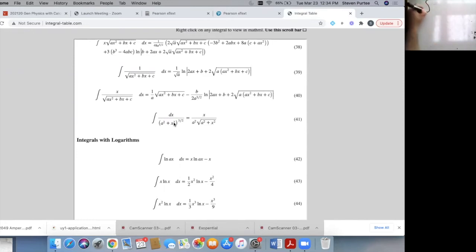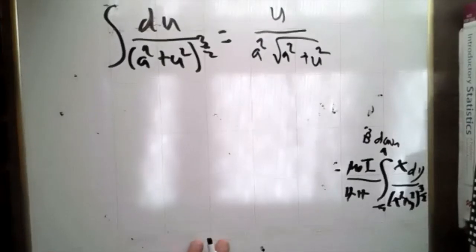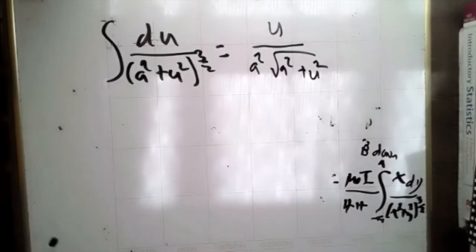So this says the antiderivative of du over a squared plus u squared to the 3/2 is u over a squared square root of a squared plus u squared. Because I'm about to turn all these x's into y's, and I don't want you to get confused. So that's from our table of integrals. This is what I have.